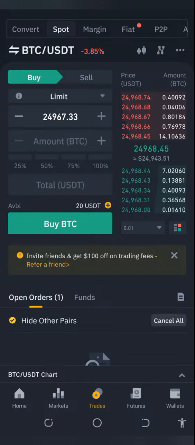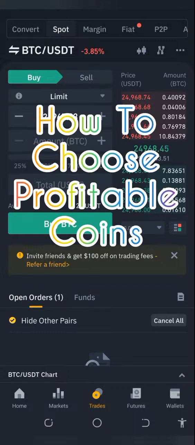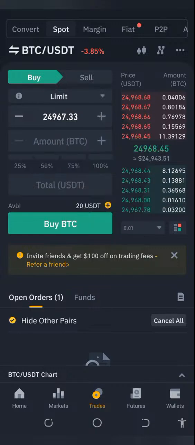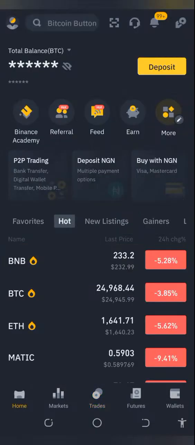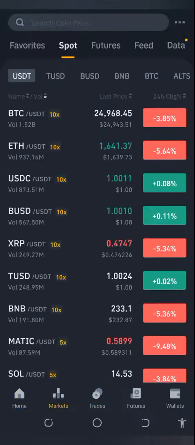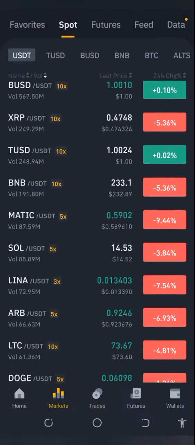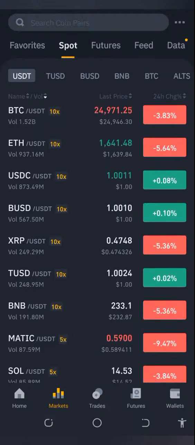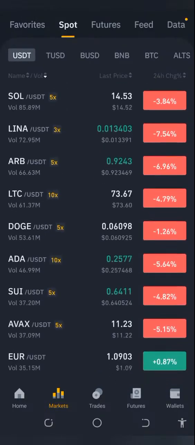In our income strategies program, first off, we're going to share with you all the vital information you need to choose profitable coins. Yes, you need to know how to choose profitable coins. Let me go to the homepage so you understand what I'm saying. On markets, we see all these awesome coins. When you click on spot, you'll see so many coins here.